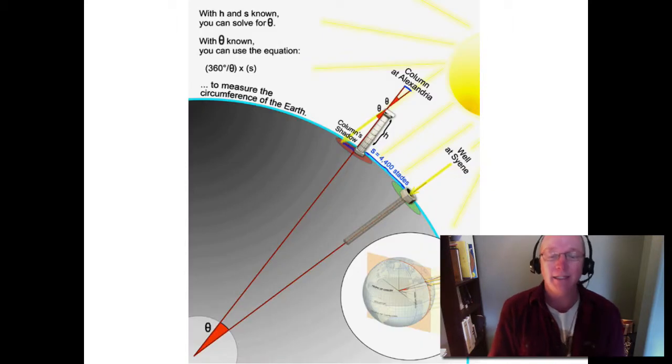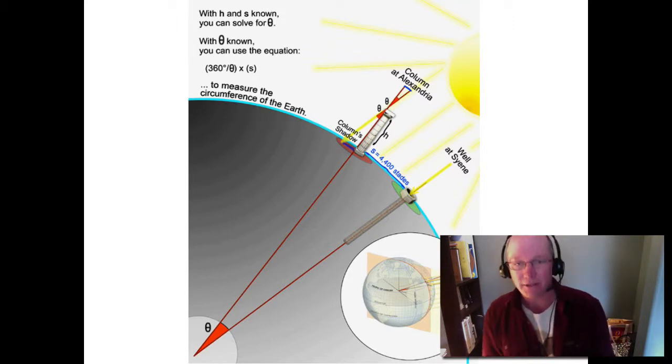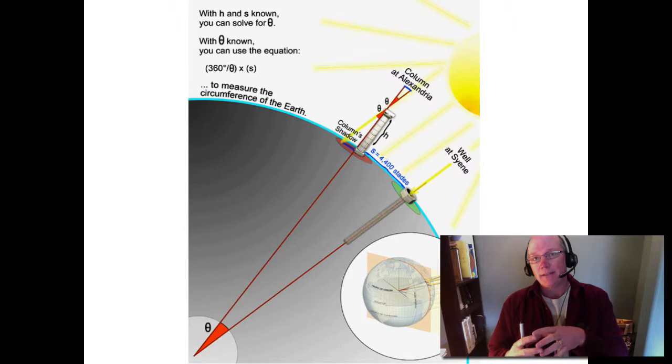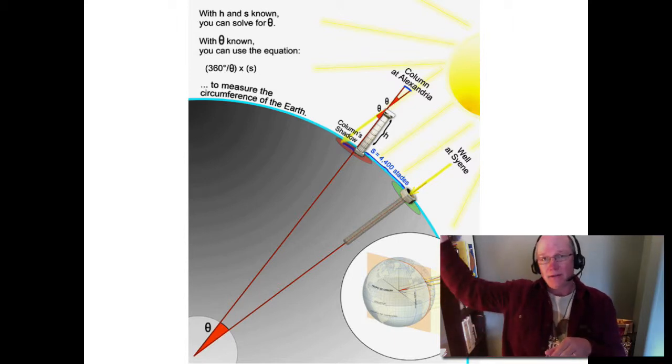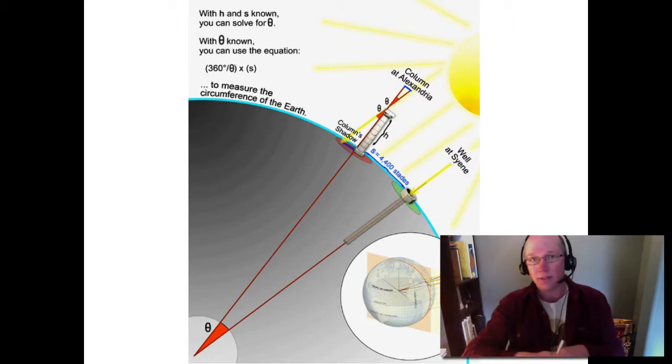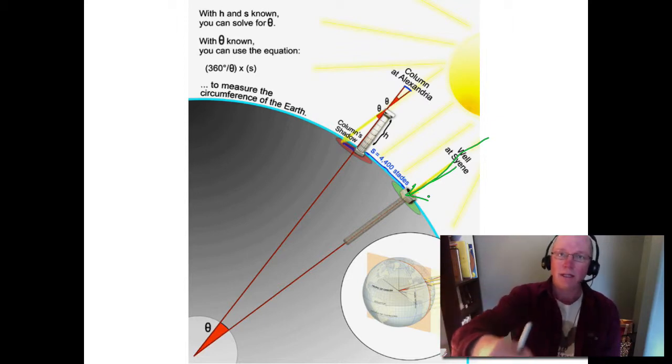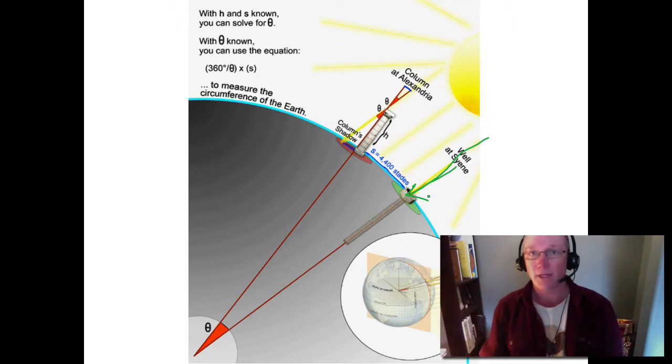And he combined that idea with a piece of information that he knew from one of his friends. He lived in Alexandria at the time, and he knew that visitors from a place called Sinai claimed that there was a well in Sinai where, on the summer solstice, the sun reflected off the water at the bottom of the well, that the light rays went directly down to the surface of the water.